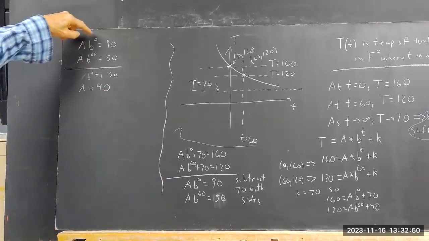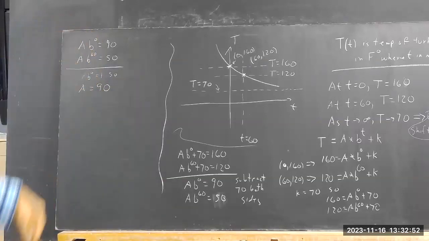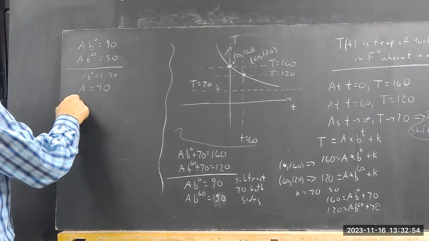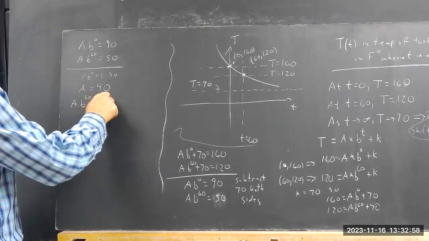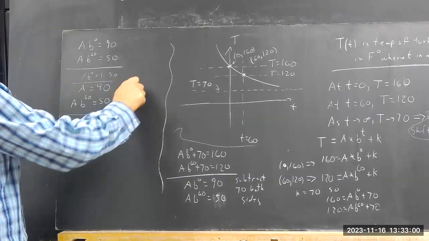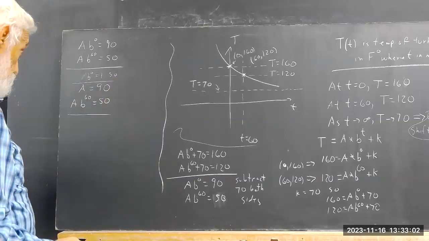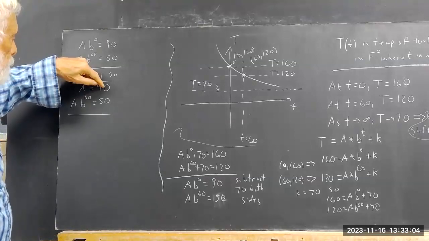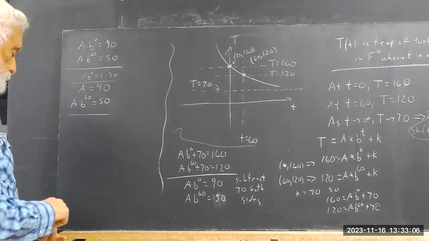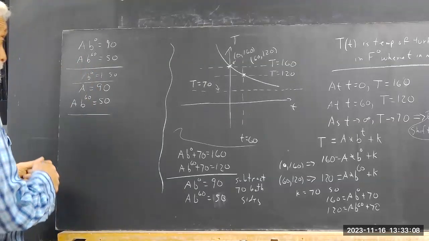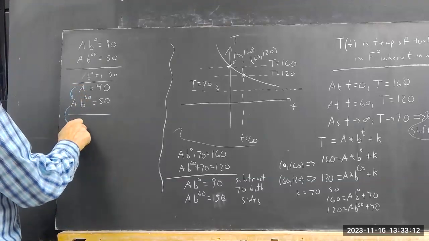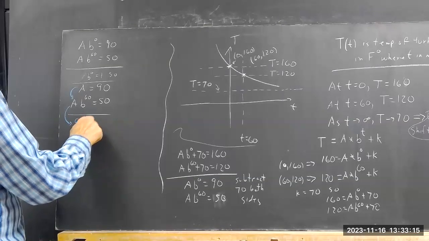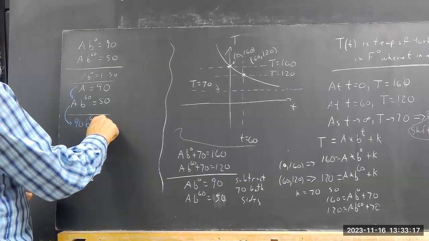B to the 0 equals 1, so our first equation just becomes A equals 90. And then we have A B to the 60th equals 50. Since A equals 90, we can plug 90 in for A. That gives us 90 B to the 60th equals 50.